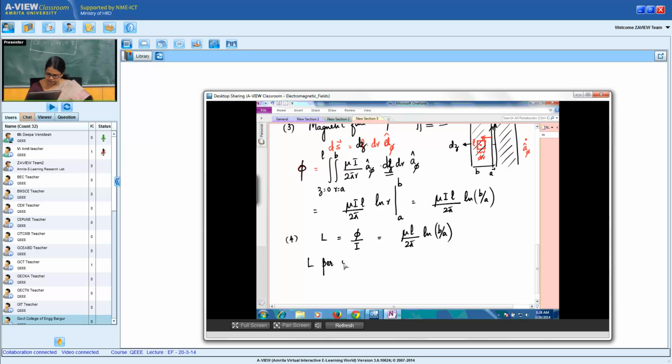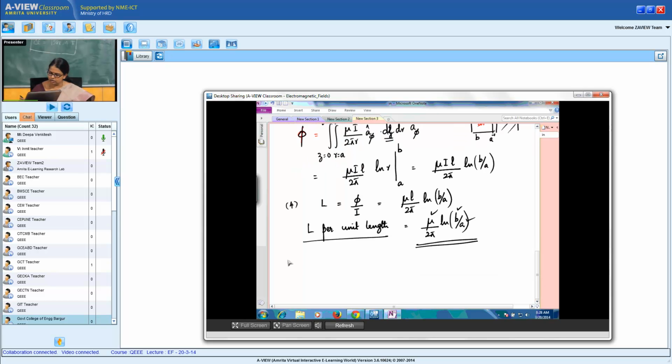So L per unit length would be mu over 2 pi ln of B over A, which means if I know the inner radius and outer radius of the coaxial cable, and if I find the permeability of the material in between the two conducting wires, I can find it from purely physical properties. So that is the beauty of it. You are able to connect the electromagnetic property with simply the physical property of the cable.